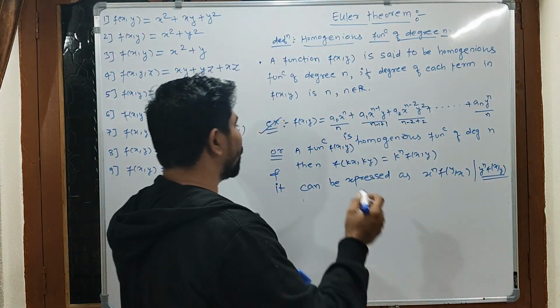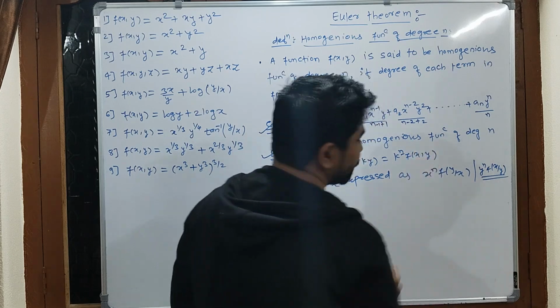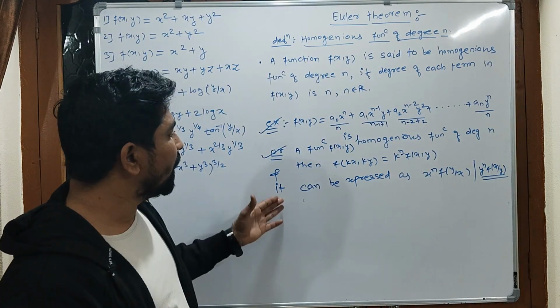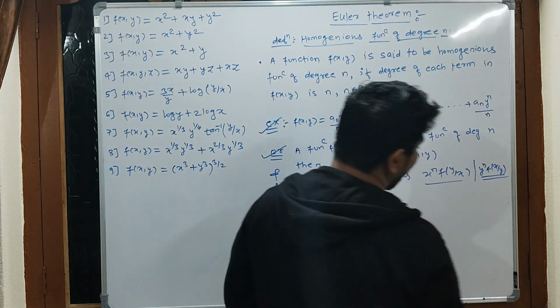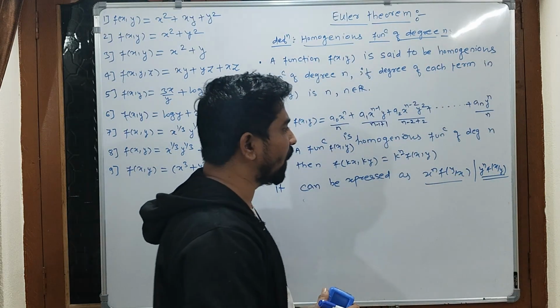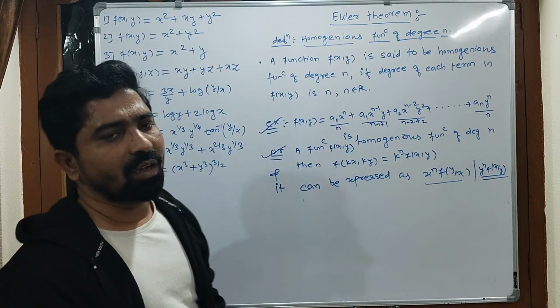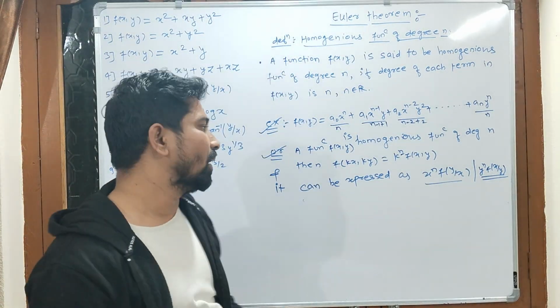Then you can say your function is a homogeneous function of degree n. It can also be expressed as x to the power n into f of y by x, or y to the power n into f of x by y. So this is the definition of the homogeneous function of degree n.